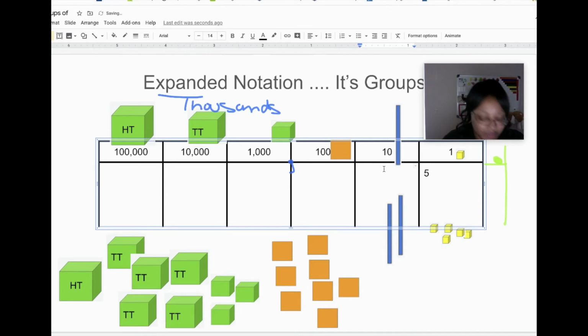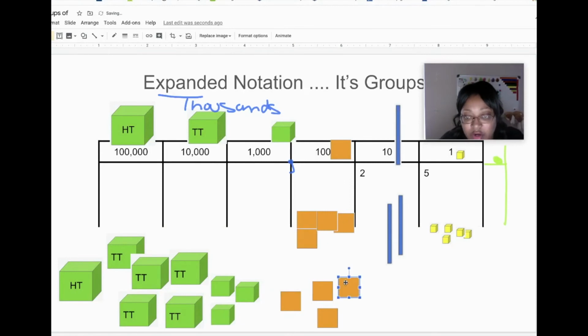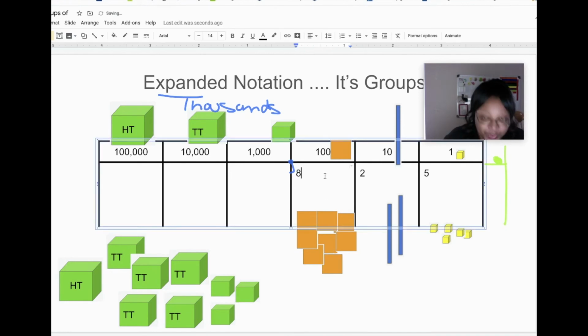So we have 2 groups of 10. Very good. How many groups of 100 do we have? 1, 2, 3, 4, 5, 6, 7, 8. We have 8 groups of 100.